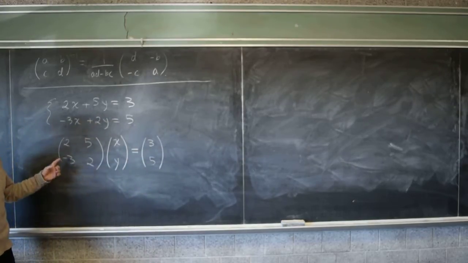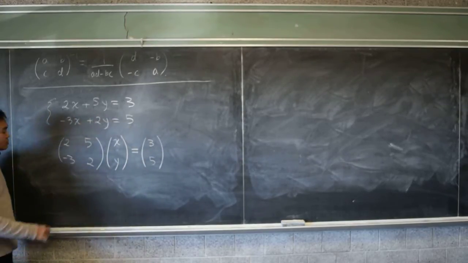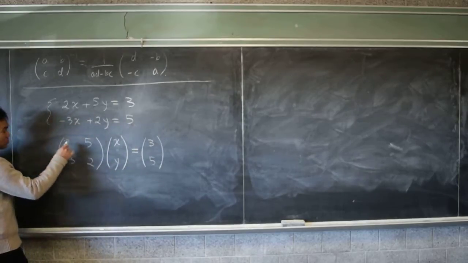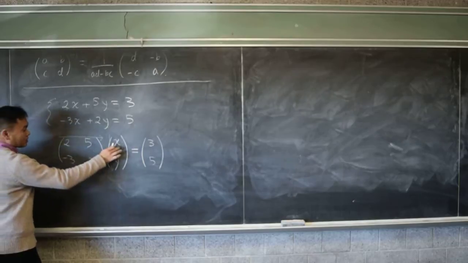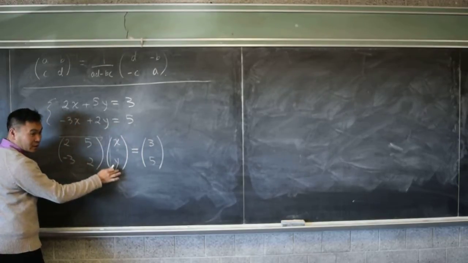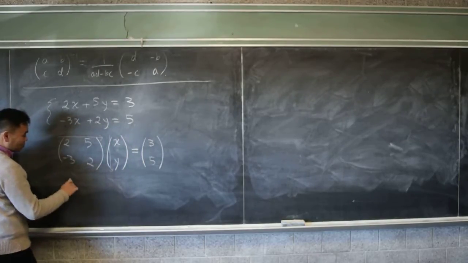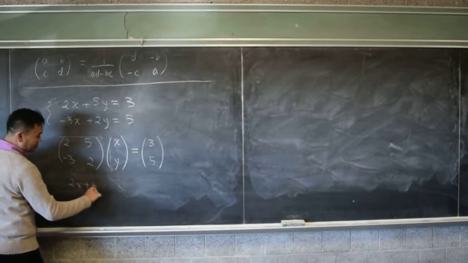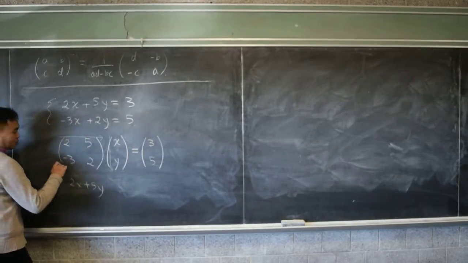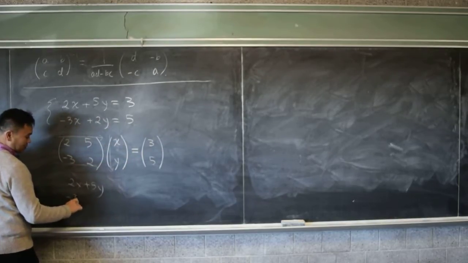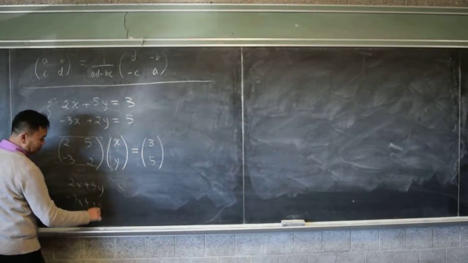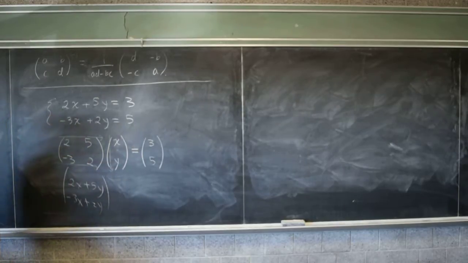Now let's check why this is equivalent to that. To see that, you should actually do the multiplications across and down, right? So what's that? 2 times x, plus 5 times y, so it's 2x plus 5y. And if you multiply across and down, negative 3x plus 2y. And it's a single matrix, right?